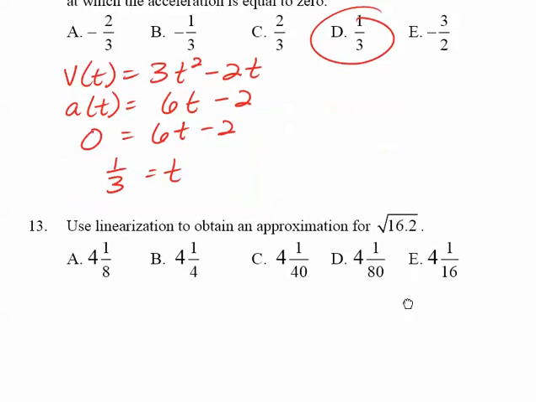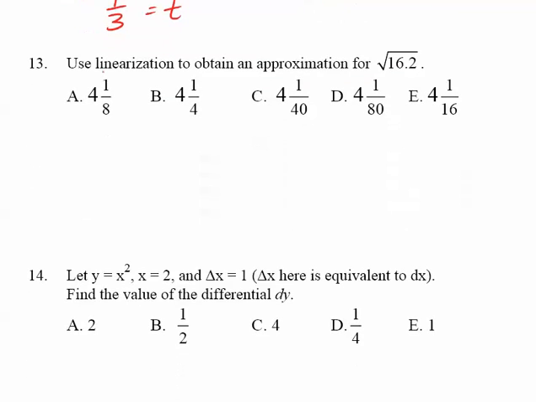And linearization is a synonym for a linear approximation. So the square root of 16.2. So f of x is our square root function, and f prime is 1/2 square root of x.